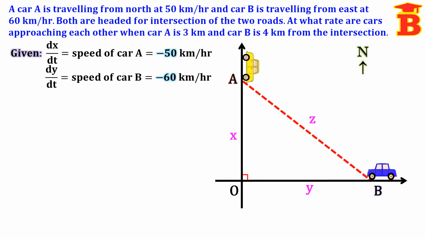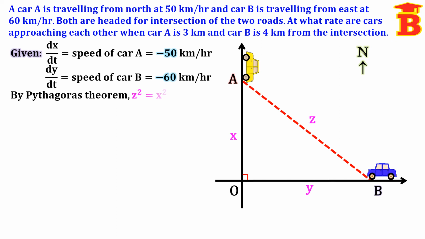Now clearly the roads are perpendicular because this road is north direction and this road is east direction. So consider this triangle OAB to be a right angled triangle. So in a right angled triangle we can use Pythagoras theorem.